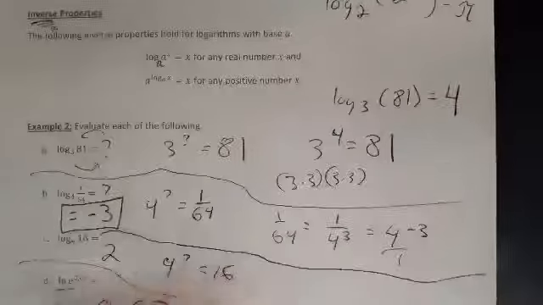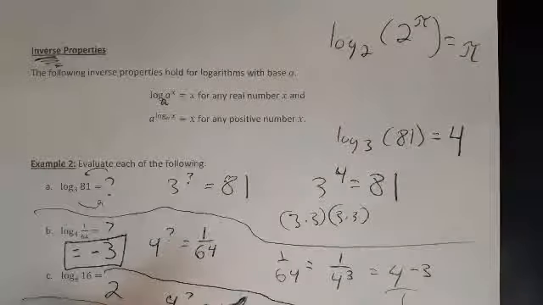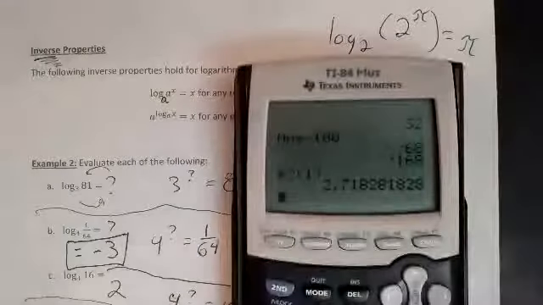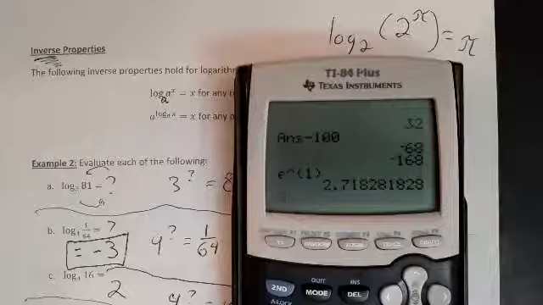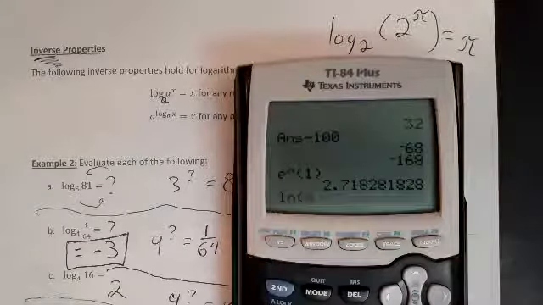Euler's number is the e, right? It's 2.718. So this is the natural log with the e, or the natural exponent.